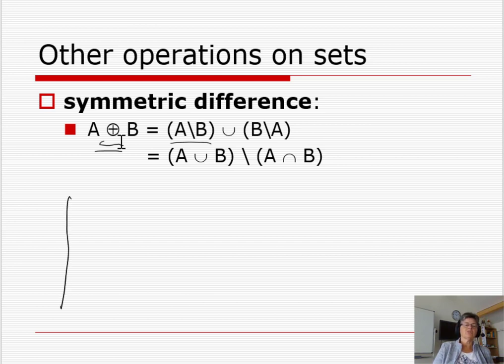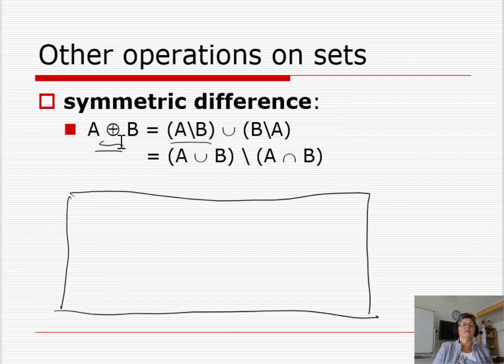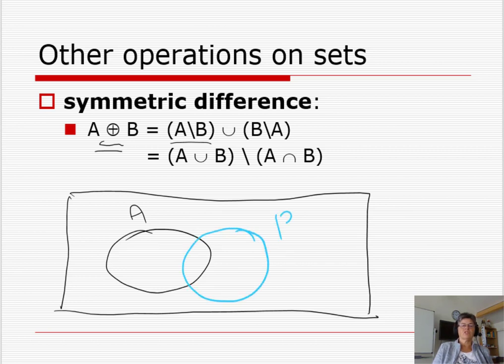If we make a Venn diagram, then we have a set A, then we have a set B. Then the symmetric difference is A without B, so that would be these elements, this part, united with B without A, so this part.